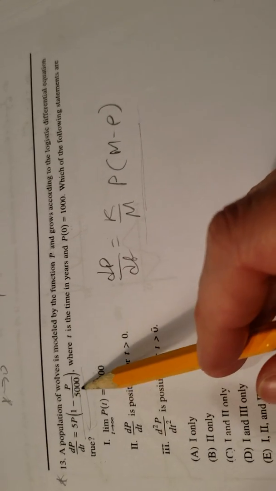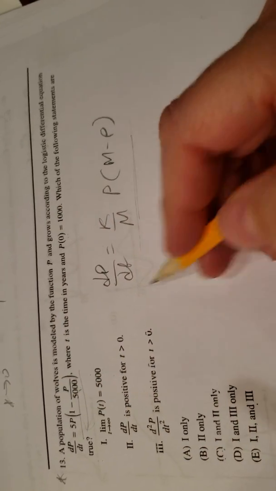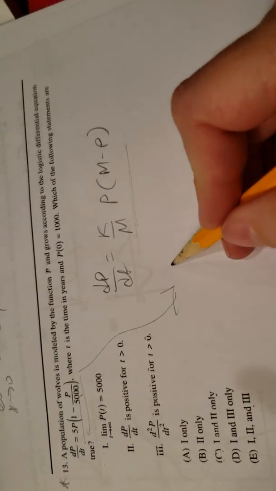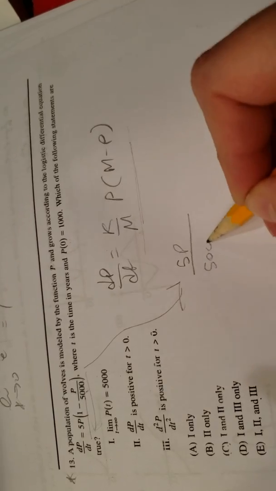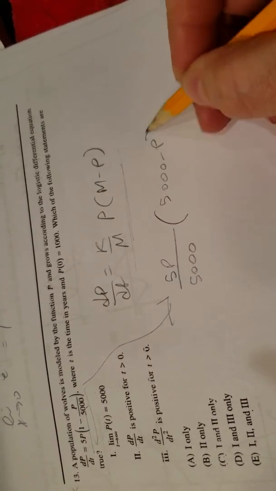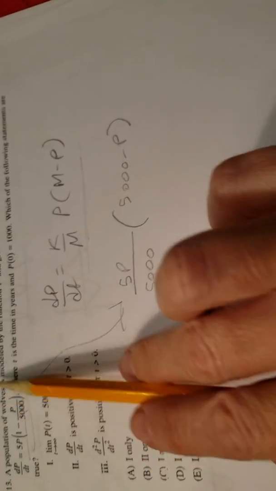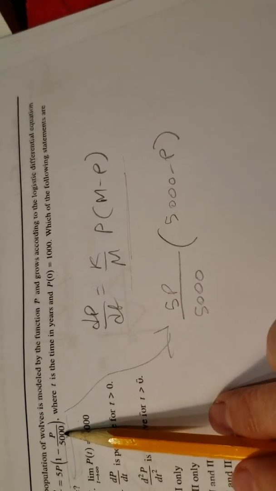Okay, I'm going to factor out the 1 over 5,000 from here. So then I have 5P over 5,000 times 5,000 minus P. So stop there for a second, see if I confused you at all. I just factored out the 1 over 5,000 from here. Right?